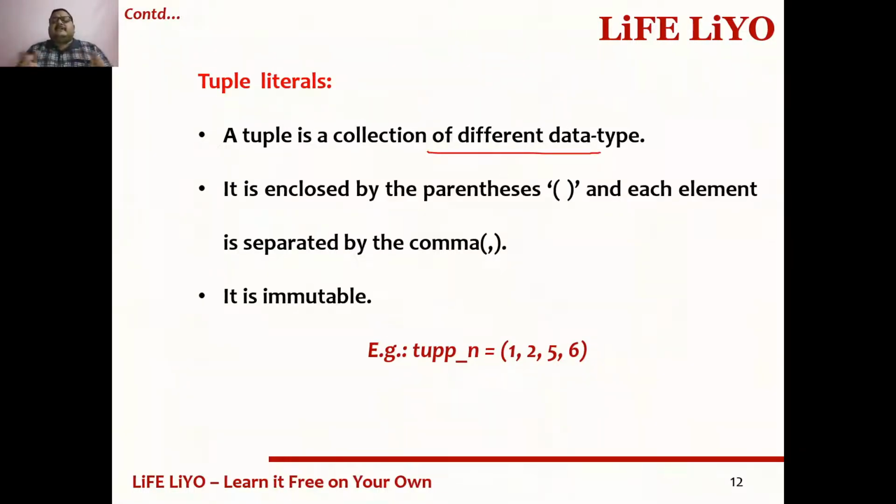But what is the difference between lists and tuples? In a tuple we store the elements separated by commas, enclosed between parentheses. If you keep any number of elements separated by commas between parentheses, it is called a tuple. One more property is that it is immutable. Once the tuple is defined, it cannot be changed.